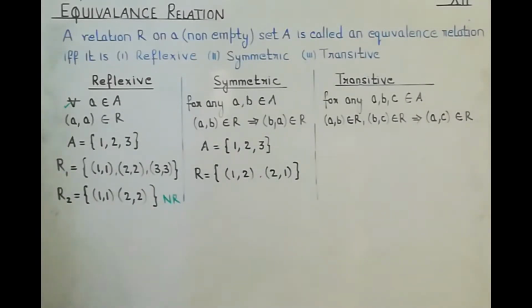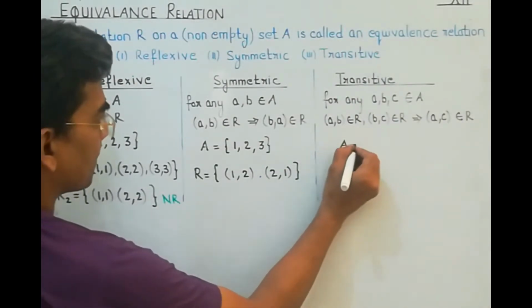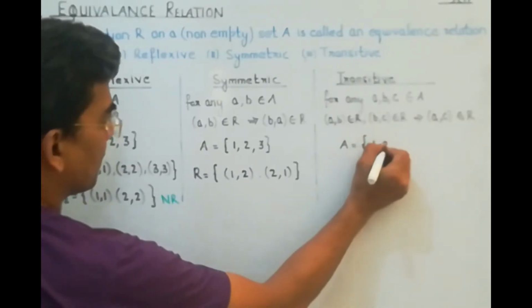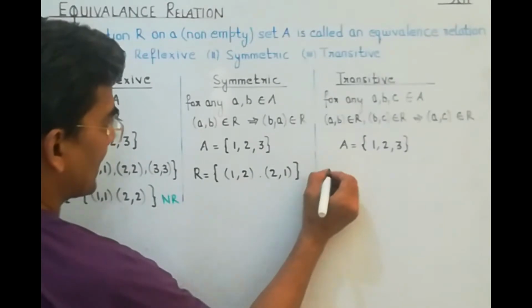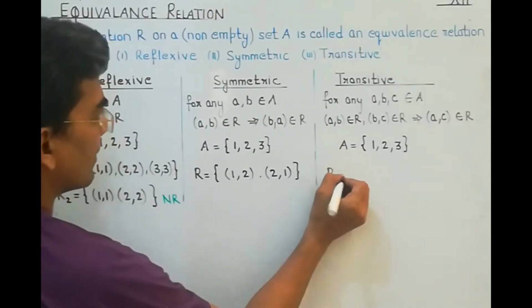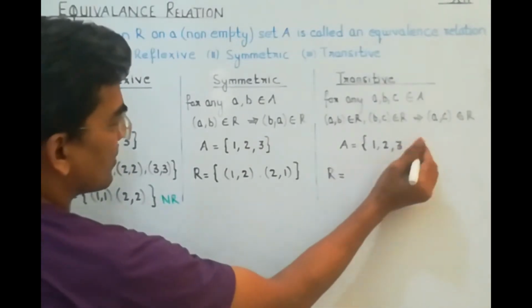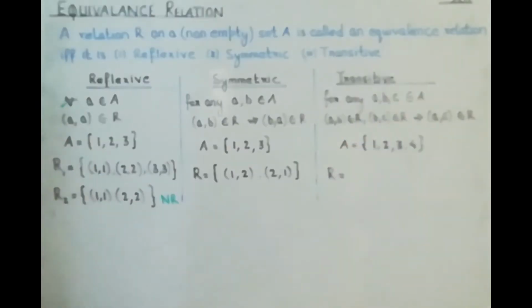Next we have transitive. In this also, it is for any 3 elements, not for all the elements, just any 3 elements.